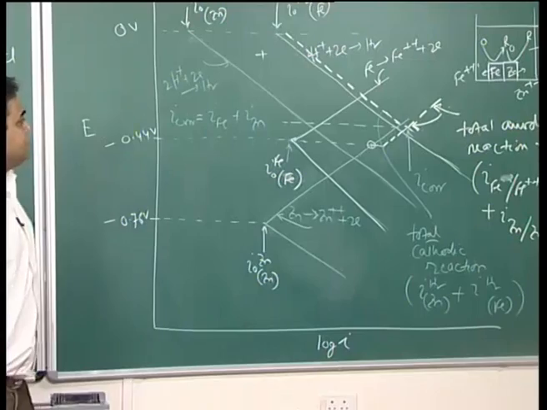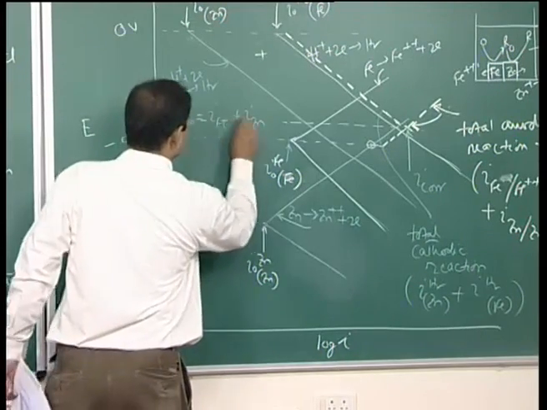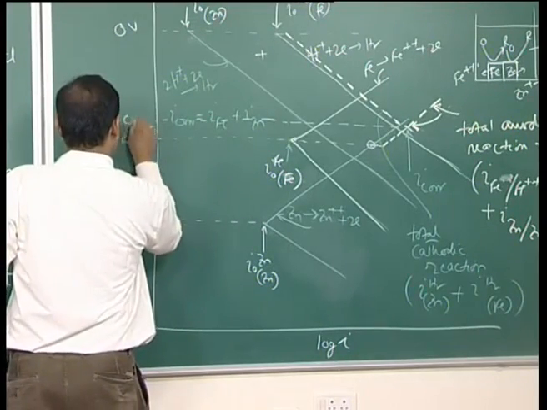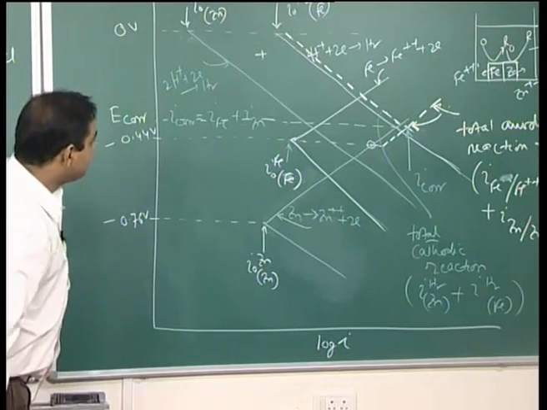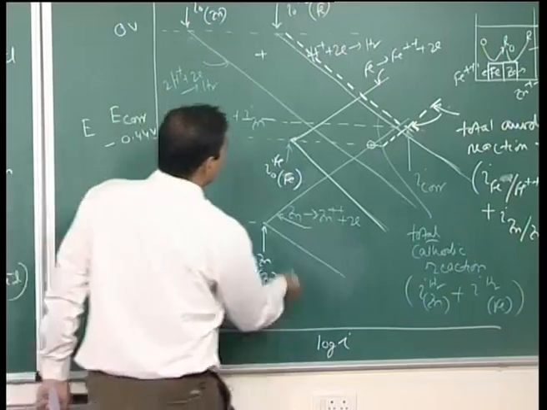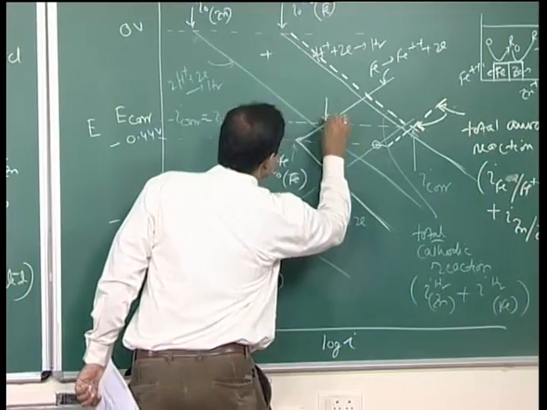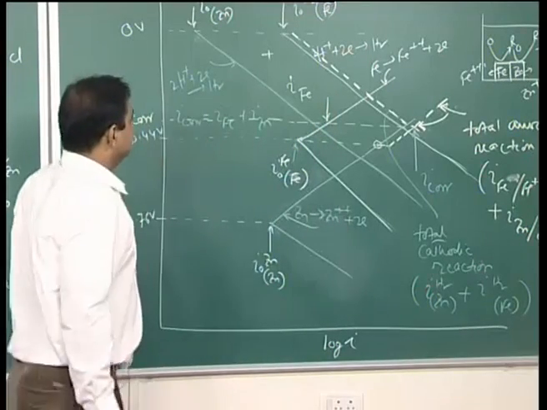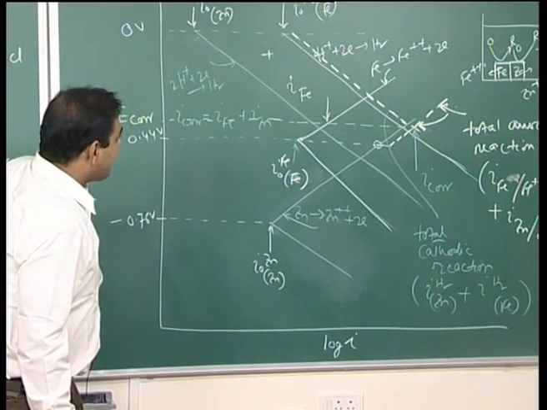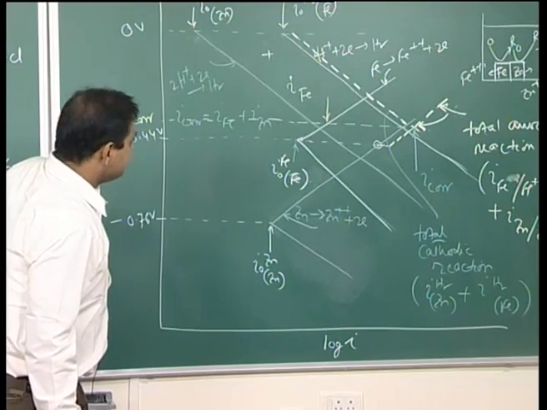This is my straight line which connects, and this is my potential. This would be my E core, and what would be my I iron? I iron is this, and what is my I zinc?